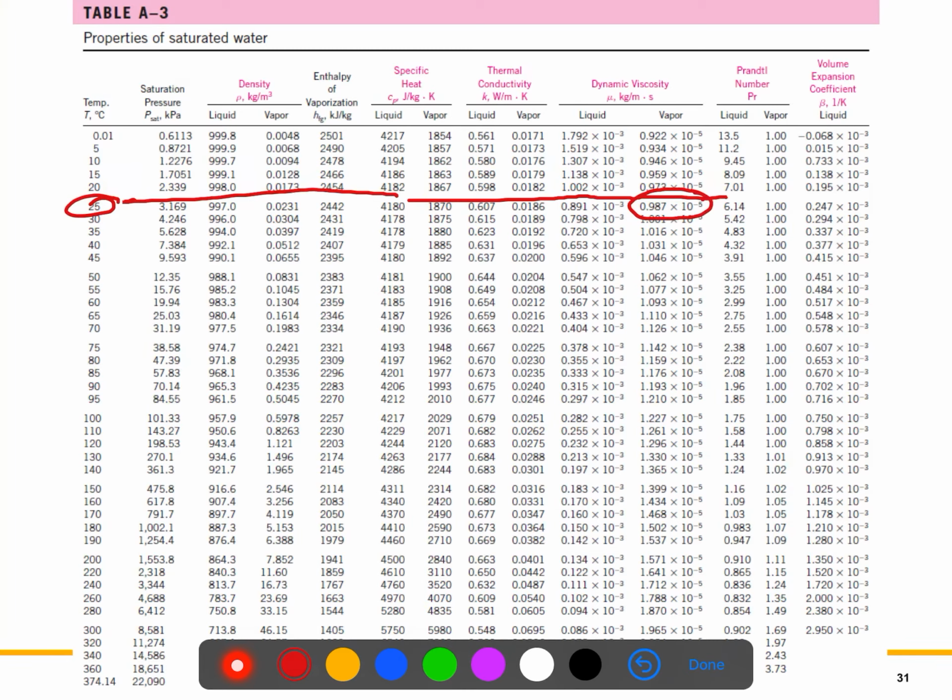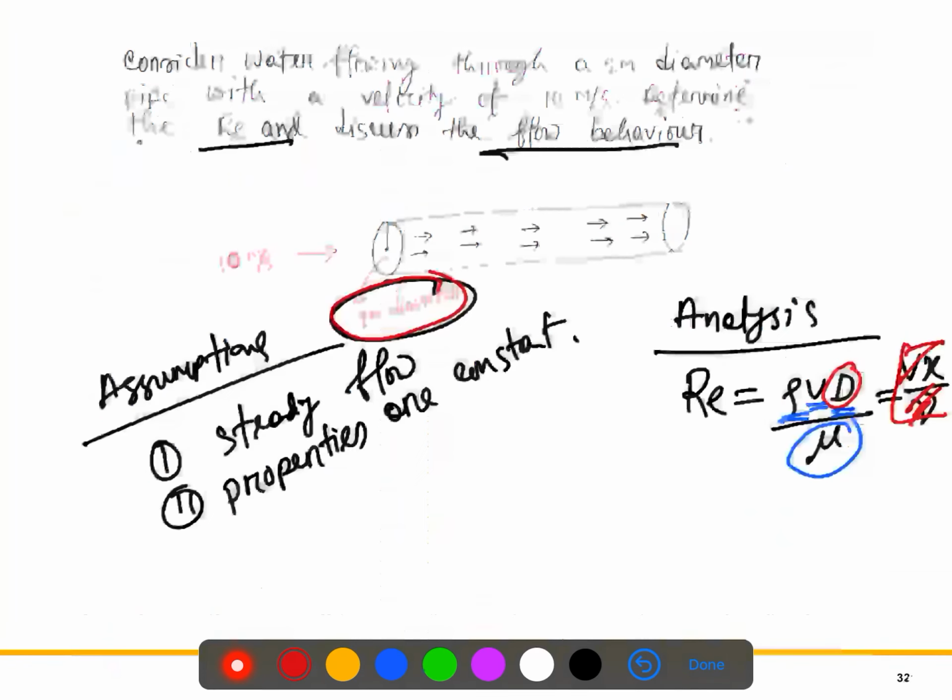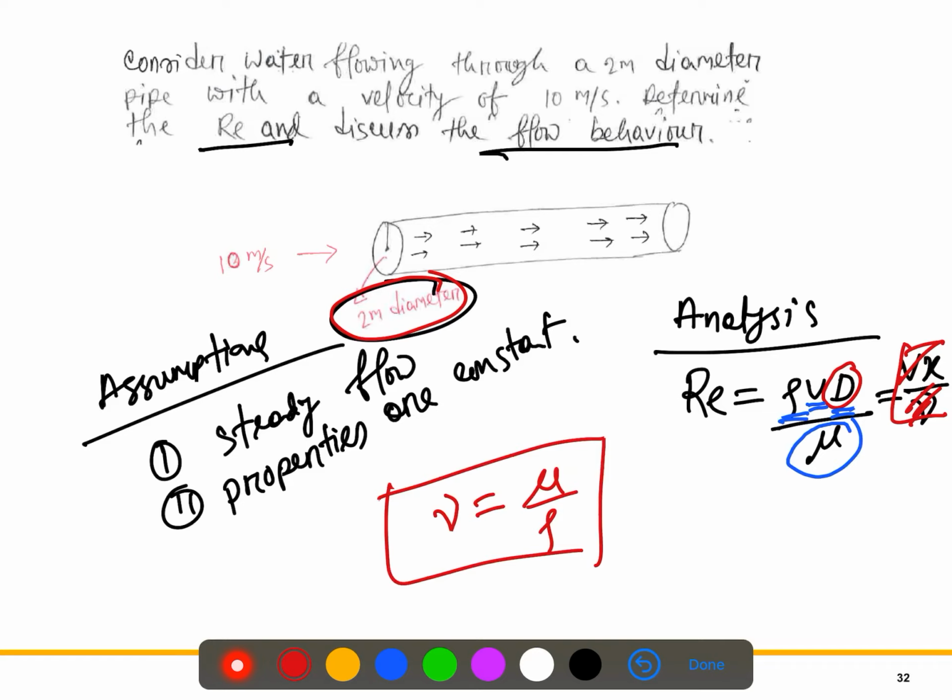We'll extract this value from here, and the other thing we need is the density, rho. By using these two values, density and dynamic viscosity, you can get the kinematic viscosity, which is dynamic viscosity over density. If you want, you can do that. Anyway, for this problem, I'm going to extract these two properties from the table.